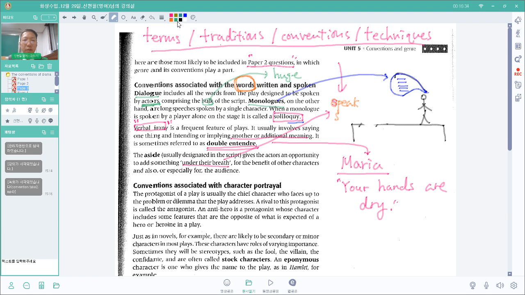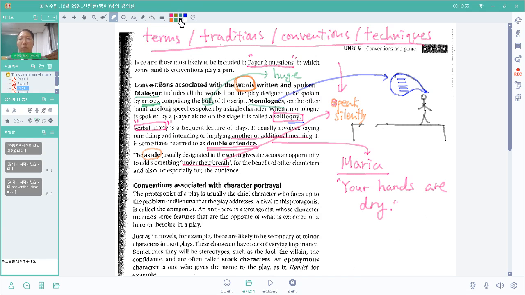So an aside is usually when an actor wants to talk about what they think deep in their mind. An aside is made when an actor or actress wants to deliver their opinion deep in their mind.